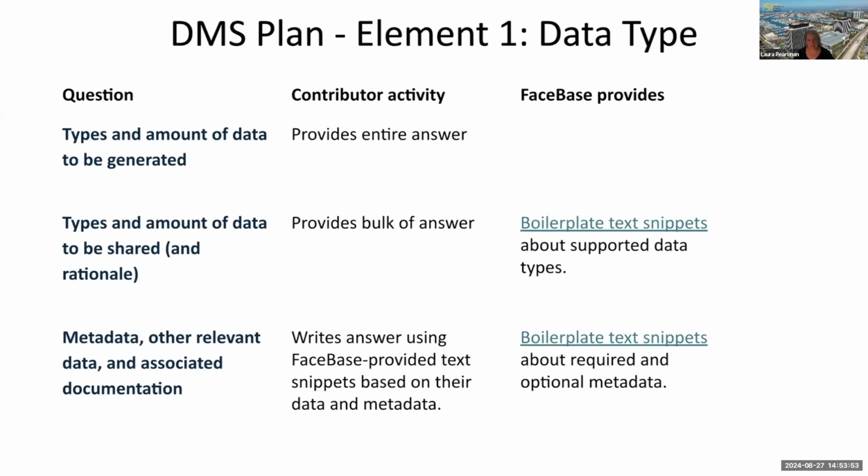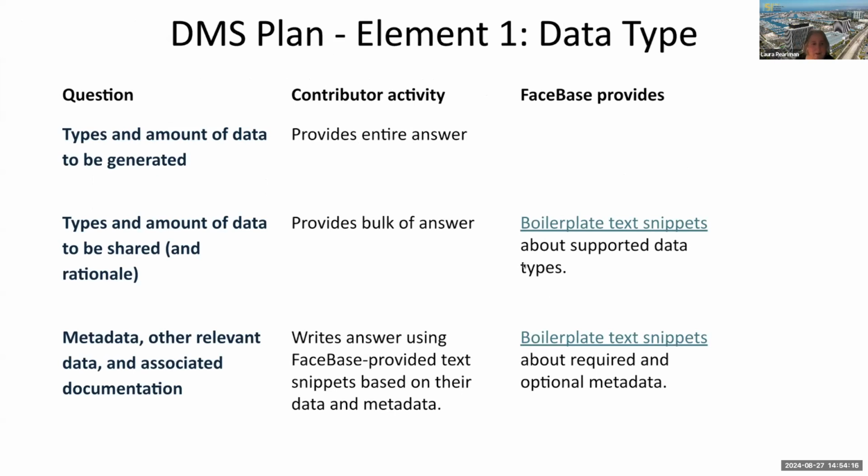So then here are some things. When you're actually writing your data management and sharing plan, NIH has provided an example format. You don't need to use this, but I'm organizing this part of the talk according to that format. Places where we provide help are for the types and amounts of data shared.